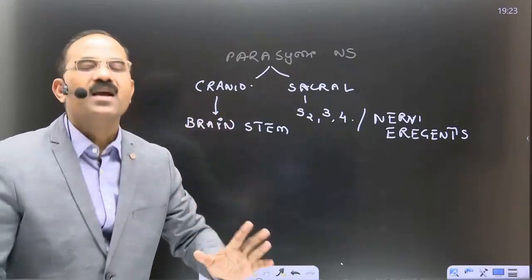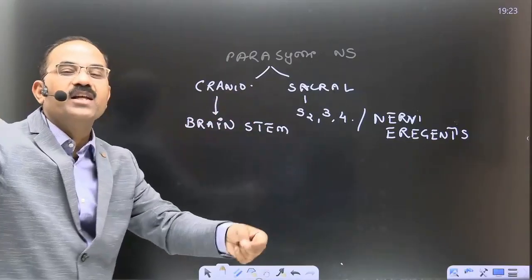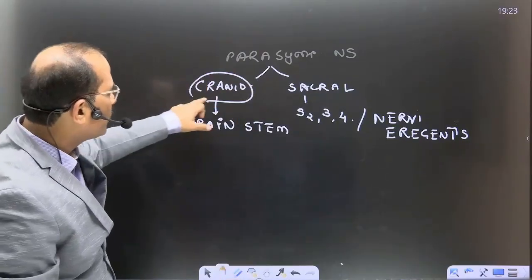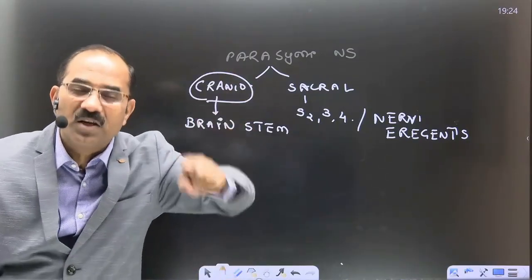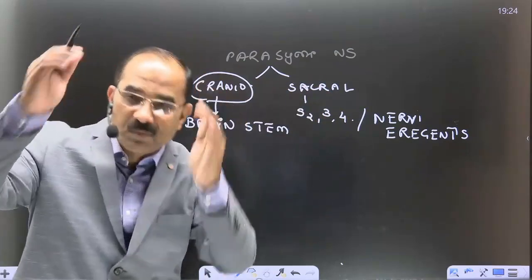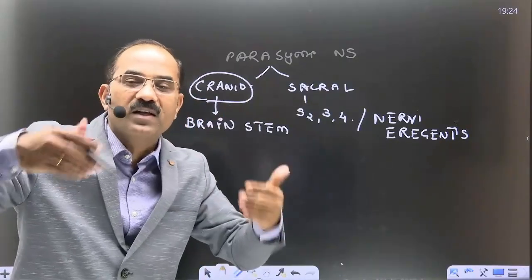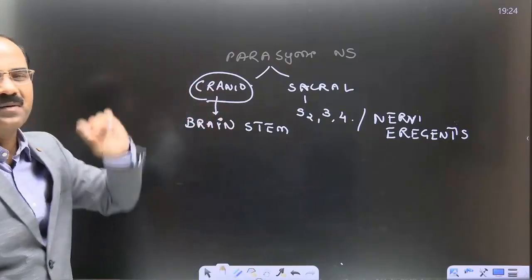In other words, the preganglionic fibers of the cranial outflow of the parasympathetic nervous system are located in the brain stem, like the sacral outflow was located in the spinal cord.